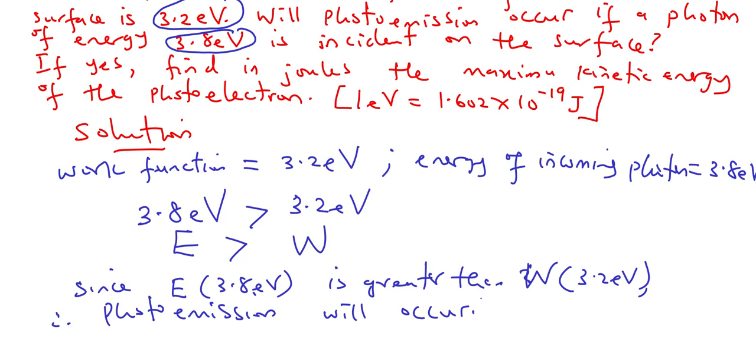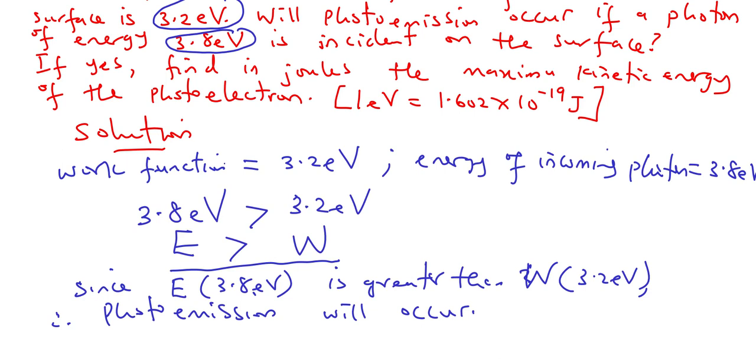Photo emission will occur because the energy of the incoming photon is greater than the work function. Let's say the work function is 3.2 and the energy of the incoming photon is 3.0. In that case, 3.0 is less than 3.2, so no photo emission will occur, no electrons will be liberated.